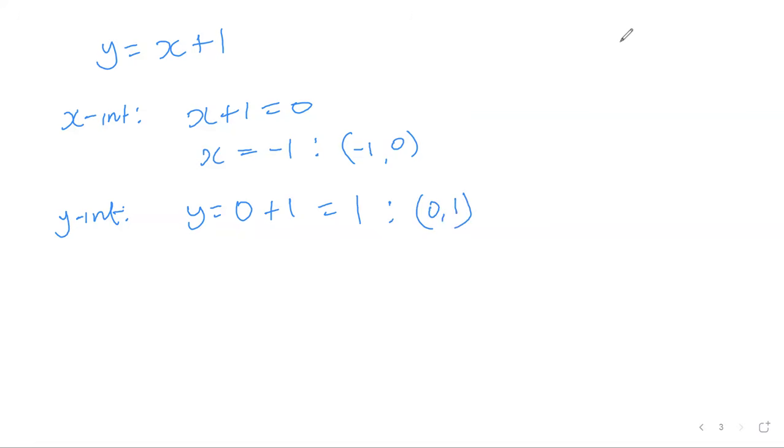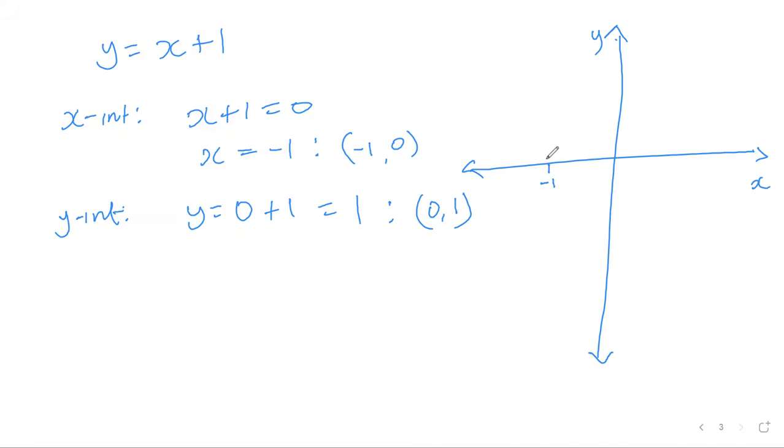Okay, then we plot our graph. So typically that's our Cartesian plane, x-axis, y-axis, and we plot these points. So for the x-intercept, we have the point -1 on the x, 0 on the y. So it's that point. And we have the point 0 on the x, 1 on the y. It's that point.